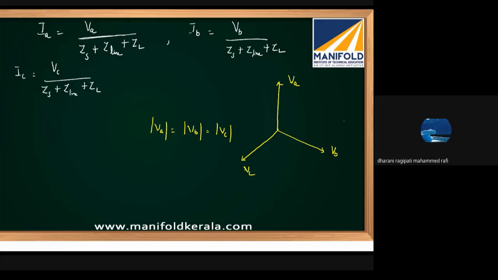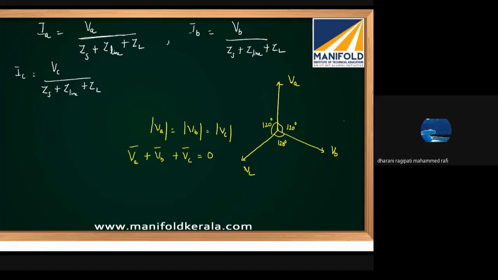That means all three voltage magnitudes are same, and they are separated in time by 120 degrees. That means the phase angle between each of these phasors is 120. If you do the phasor sum, it will be zero. How can you verify it?